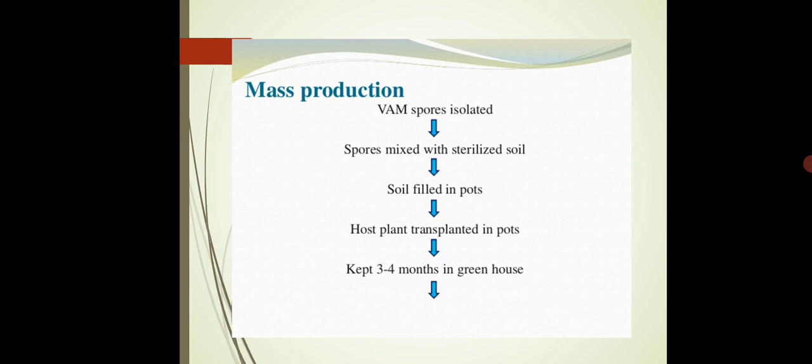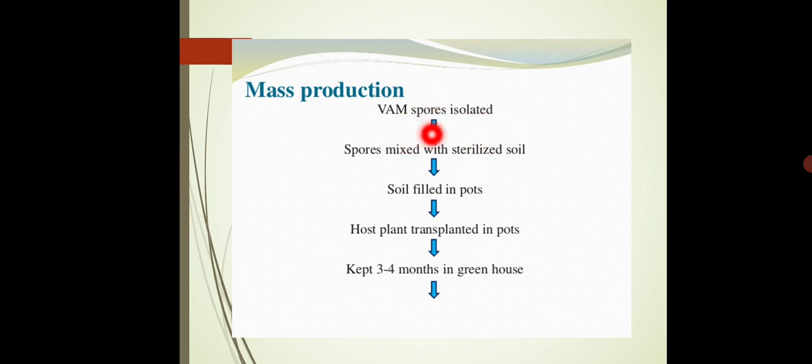Getting my point? So there are two types of mycorrhiza, ectomycorrhiza and endomycorrhiza. Ectomycorrhizae do not need the plant for growth, but endomycorrhizae depend on the host plant and form the arbuscules. So VAM is an example of endomycorrhiza. Already we have discussed in the introductory part that it is endophytic. So let's talk about the production.